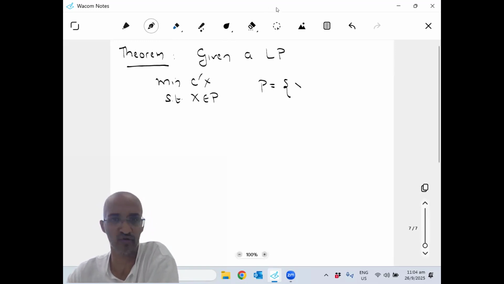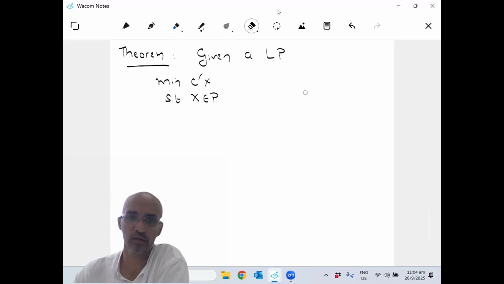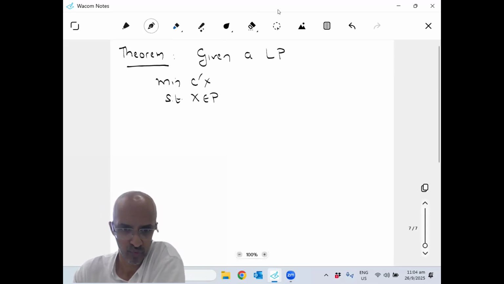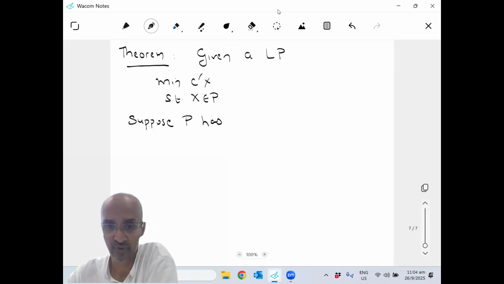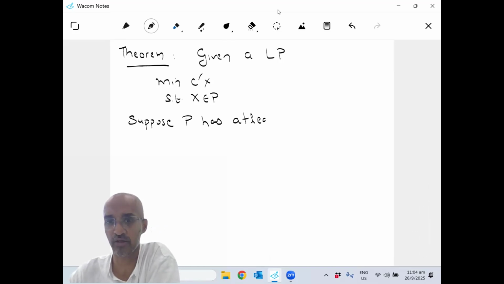So given an LP of this type, suppose P has at least one extreme point, which means that it does not contain a line.